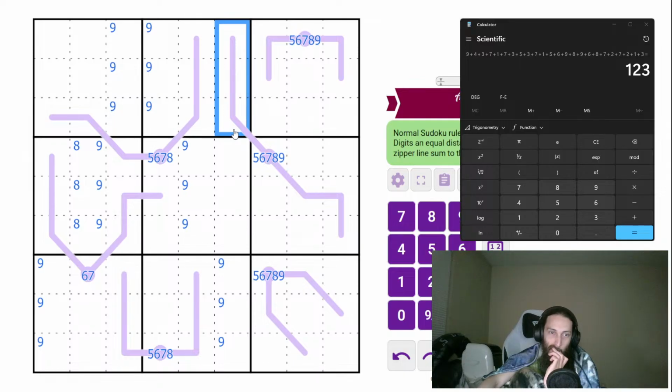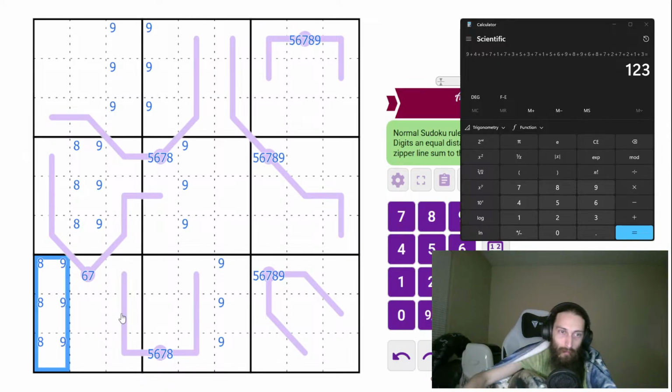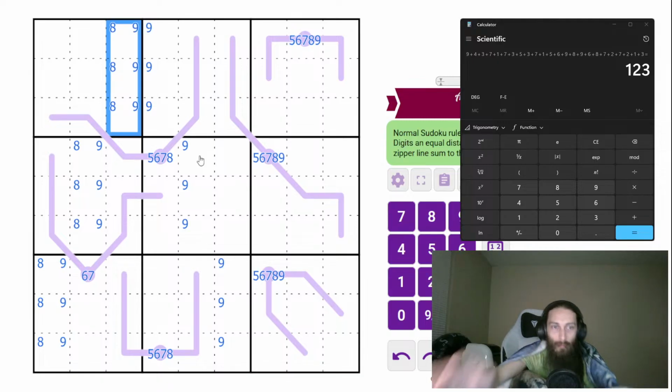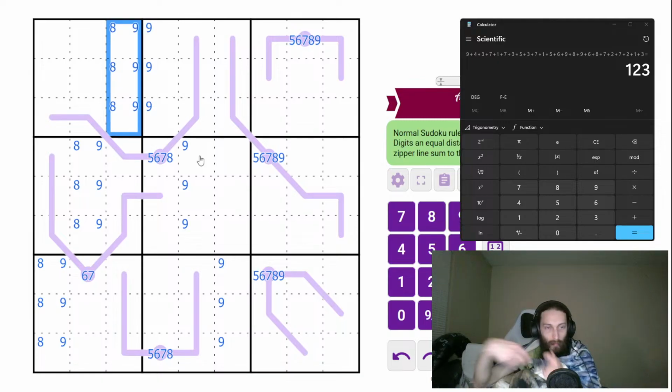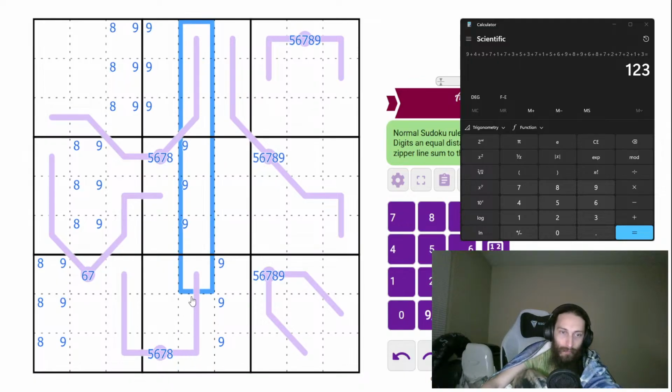All right, well, look at box 7. You can't put an 8 on the purple line because 8's the max that it can be. And in column 5, you can't put 8 on any of those purple lines.